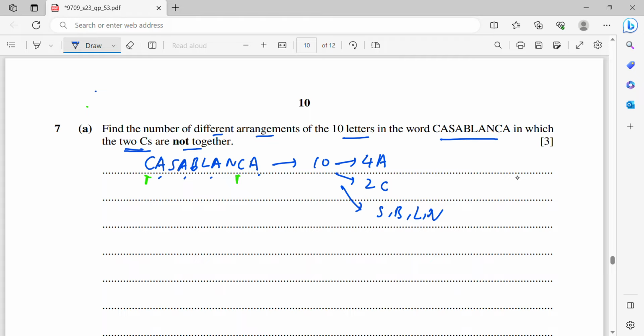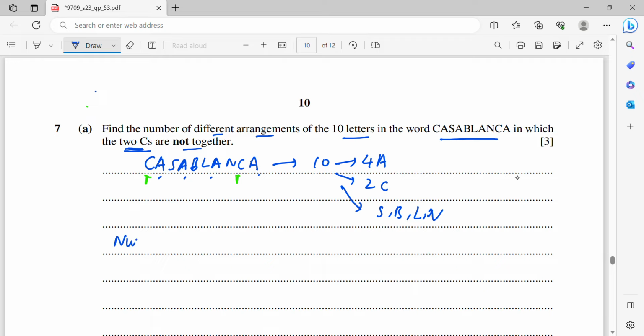Okay, given that the 2 C's are not together. If they are not together, it means that you can use the arrangements without restriction minus the arrangements when they are together. Because when you observe the 2 C's, either they are together or not together.